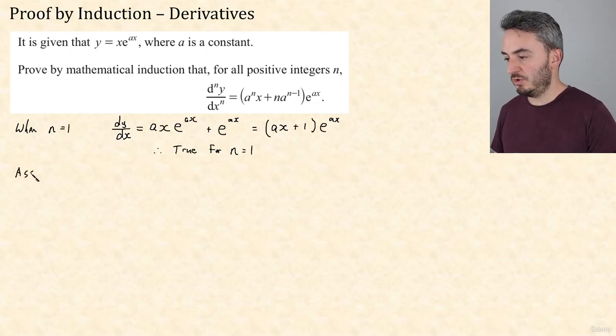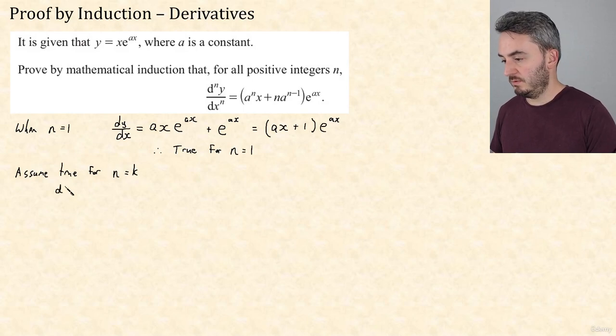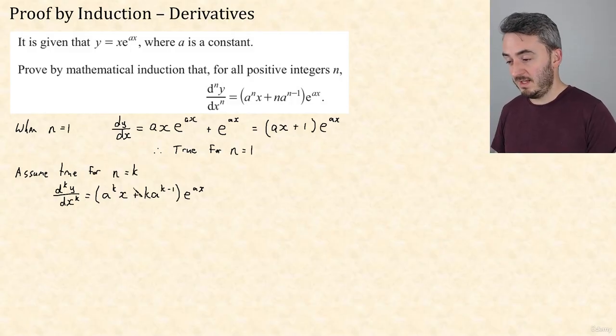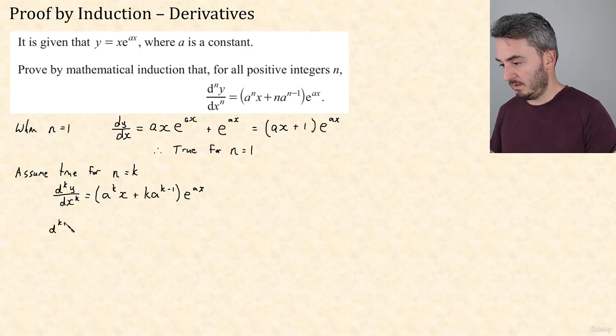So we're going to say assume true for n equals k, which means we can say that d^k y by dx^k is all of this stuff. Okay, so it's my job now to differentiate this, and I'm hoping that I can show that what I get is the same as this, but k is replaced by k plus 1. So d^(k+1) y by dx^(k+1).